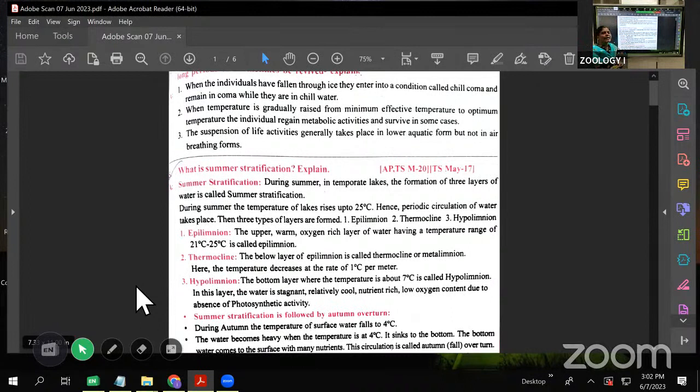In the seventh lesson, only diagrams are there. Already I said, at the last of the class, I will draw the diagrams, the easiest way. You practice that. First, we completed the eighth lesson SAQs. Some SAQs are important. One by one, I will take.